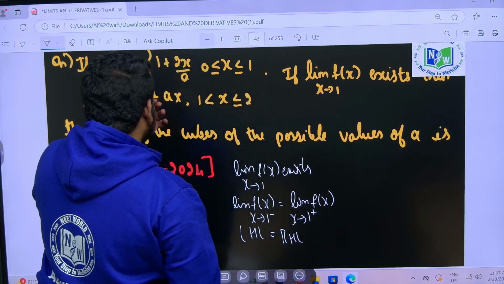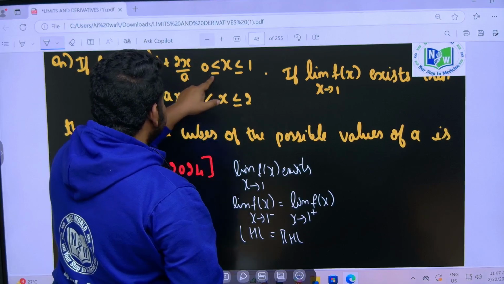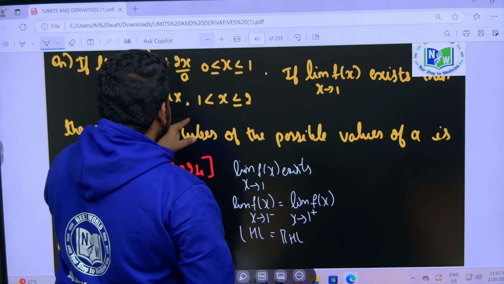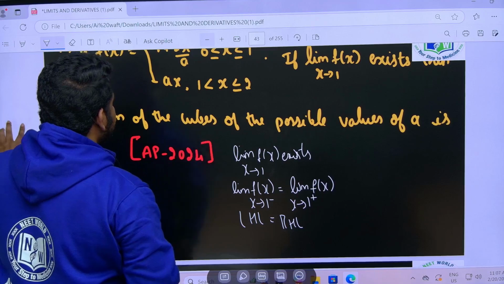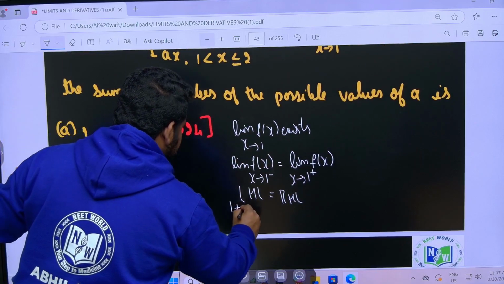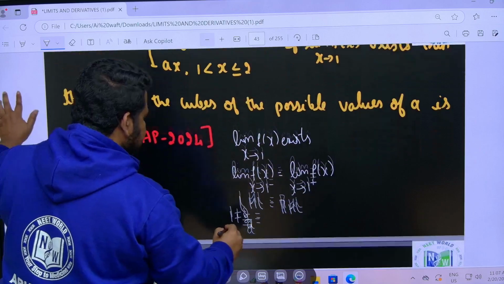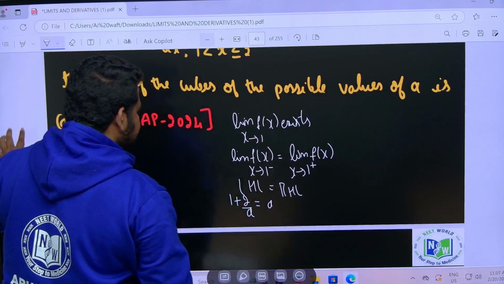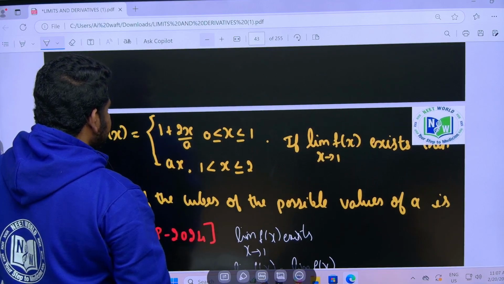Here, for LHL x is less than 1, and for RHL x is greater than 1. So wherever x is there, I have to put 1 because x tends to 1. So 1 plus 2 by a will be equal to a. Okay, 1 plus 2 by a will be equal to a.